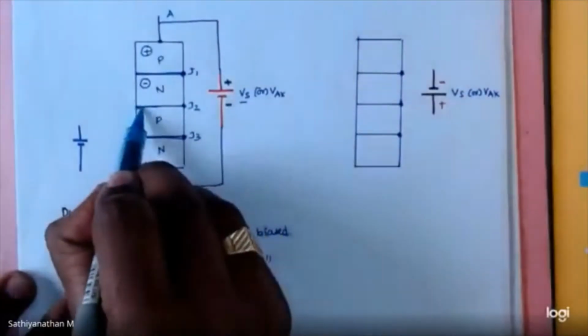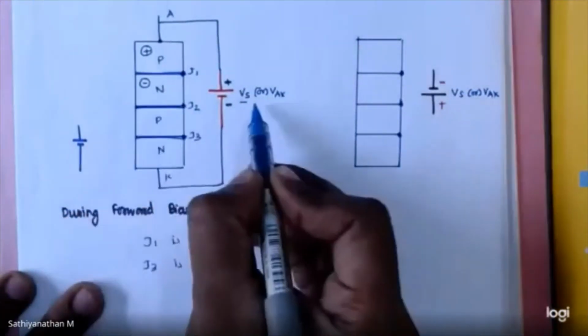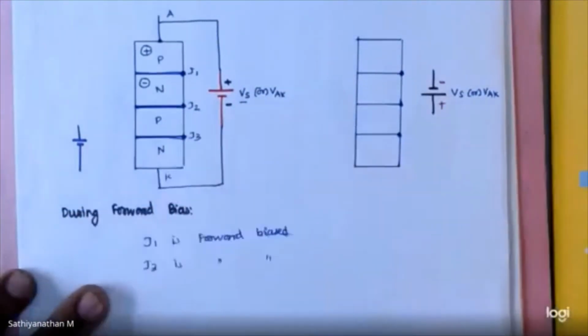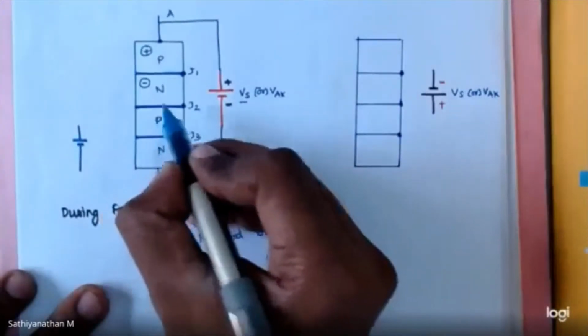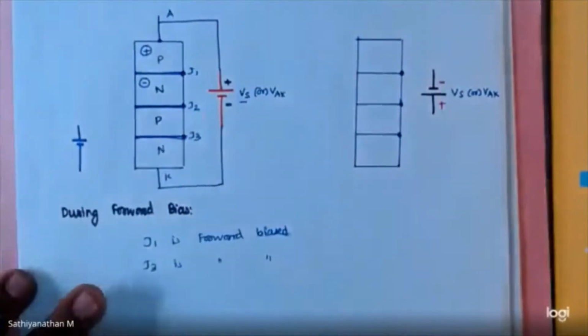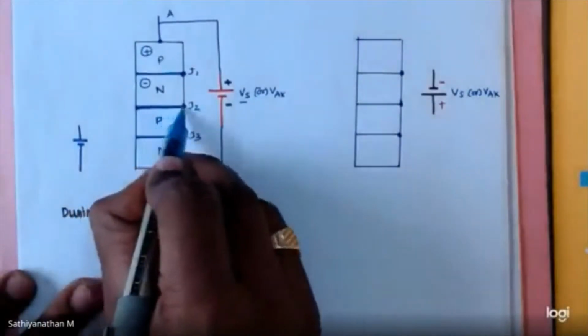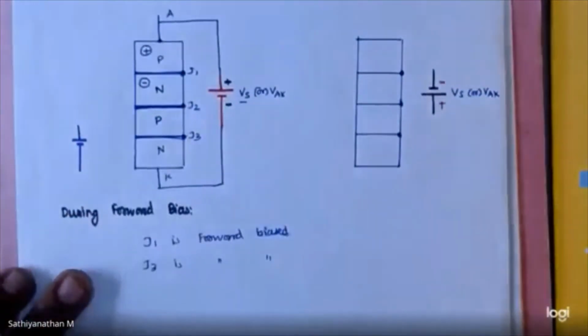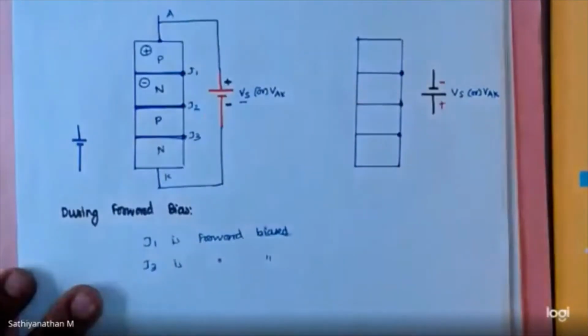But the junction J2 is reverse biased with respect to the source. Because you have P and N which is reverse biased due to the source, it blocks the current flow during forward bias condition.